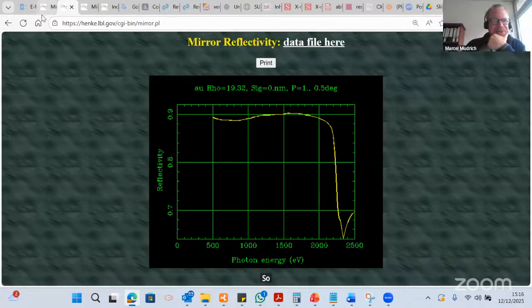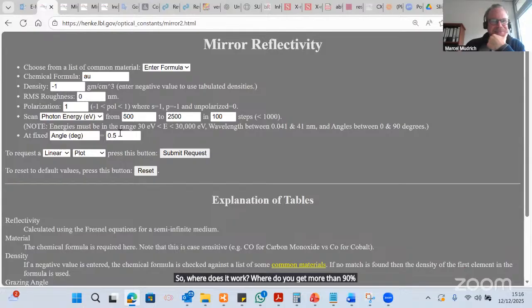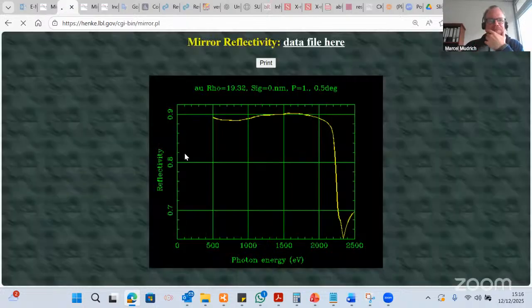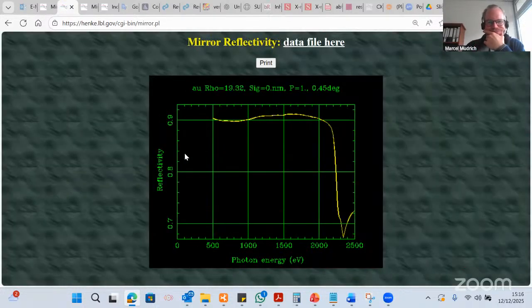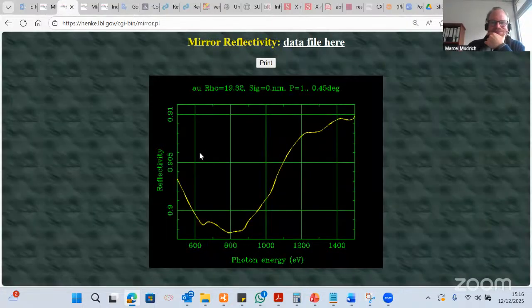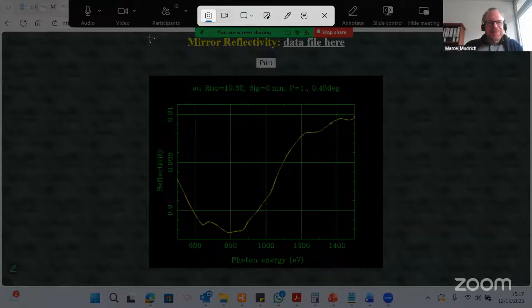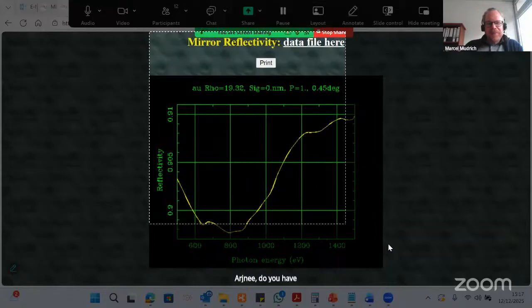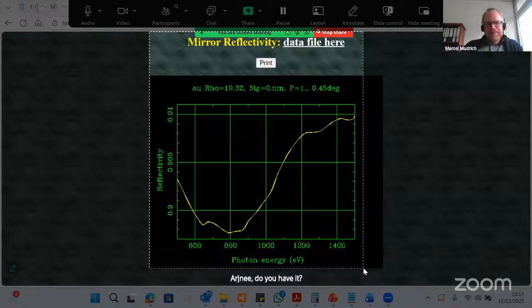So where does it work? Where do you get more than 90%? At what angle? Rajni, do you have it?